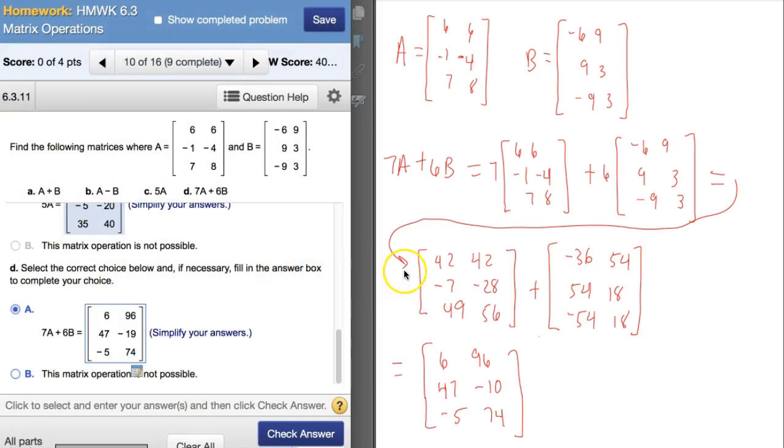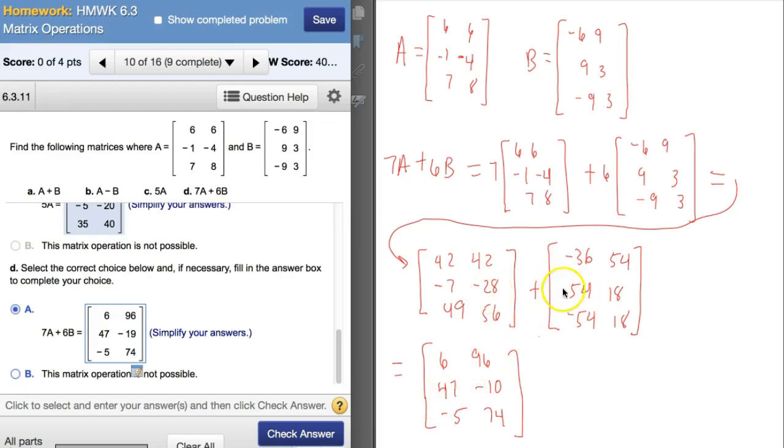And let's see what we did wrong there. So that's 4 and 2, that's 6. 9, that's 6. Negative 7 and 54, that should be 47.